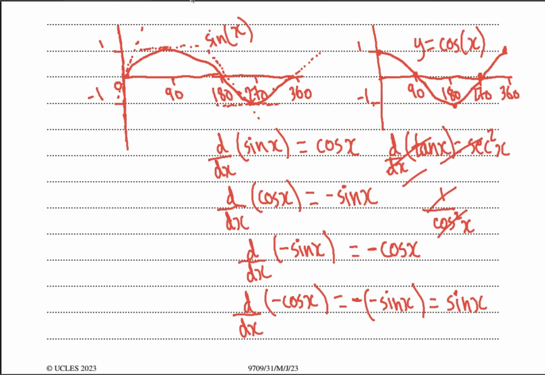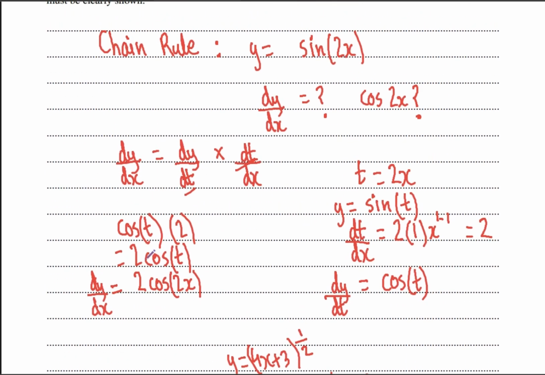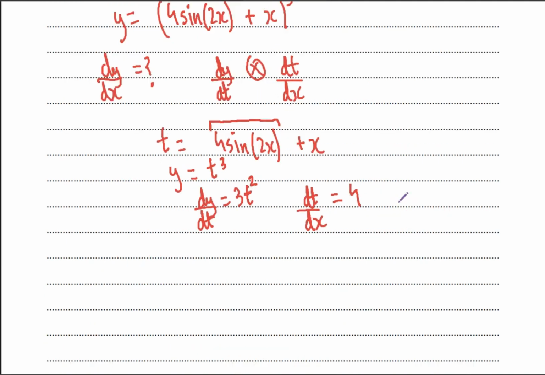We found the derivative of sine of 2x to be 2 times cos of 2x. We can put that back in. So now we have 4 times 2 cos 2x in brackets, and then plus the derivative of just x to the power 1, which is 1 times x to the power 0, which is just 1.